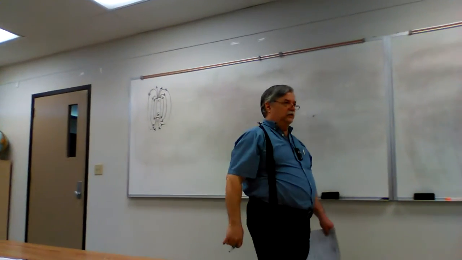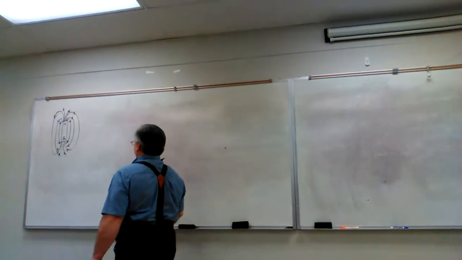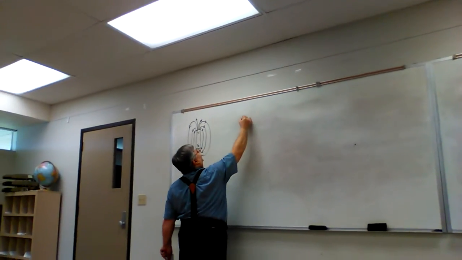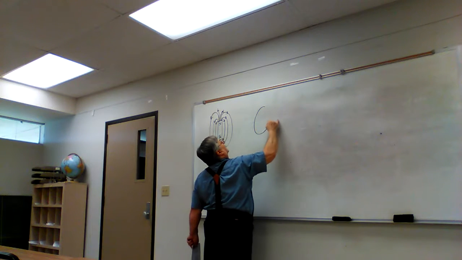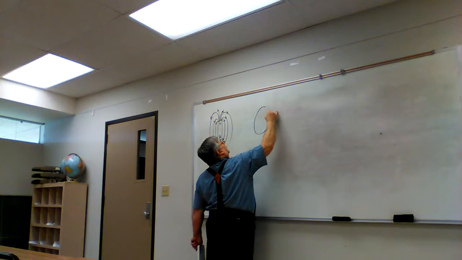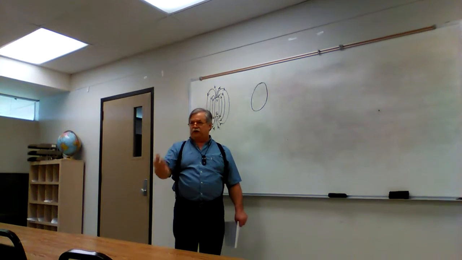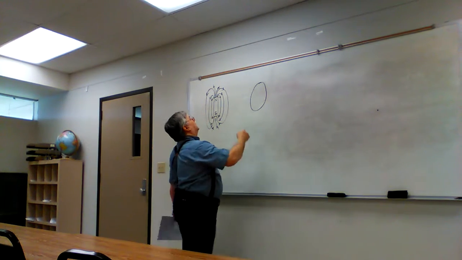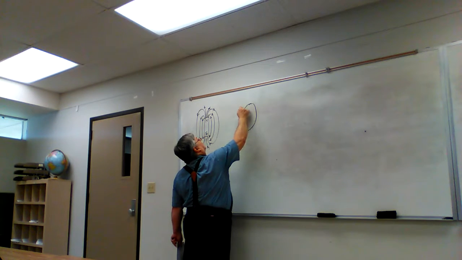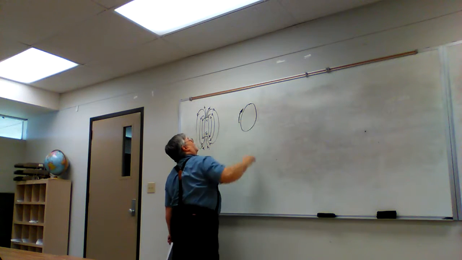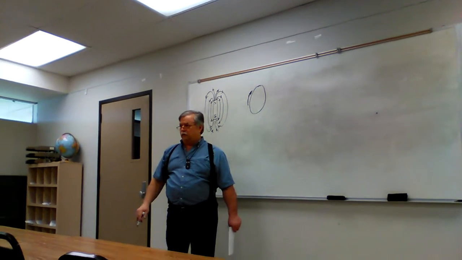Okay, we also found out that when a current is flowing in a wire, it will produce a magnetic field when you have an electric charge moving in a circle. In this case, let's say we've got a current flowing through that loop of wire.